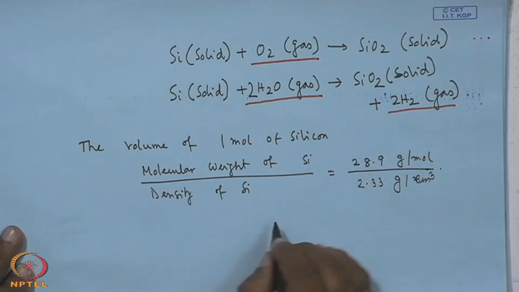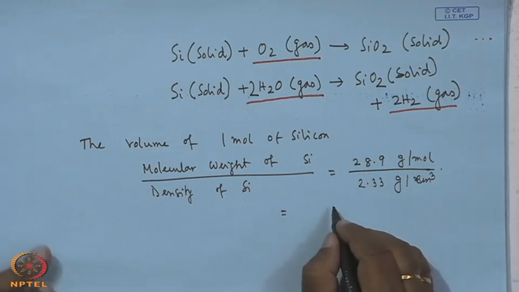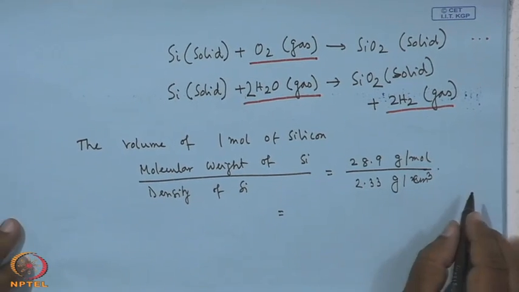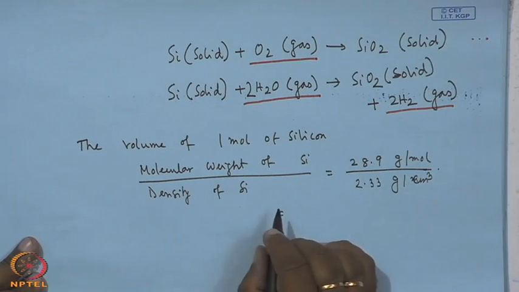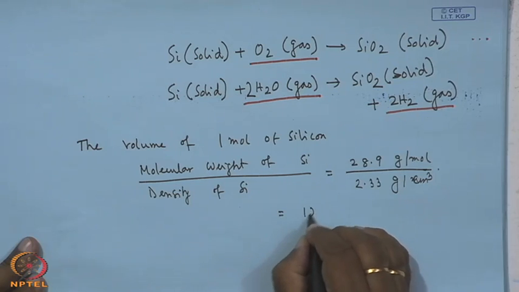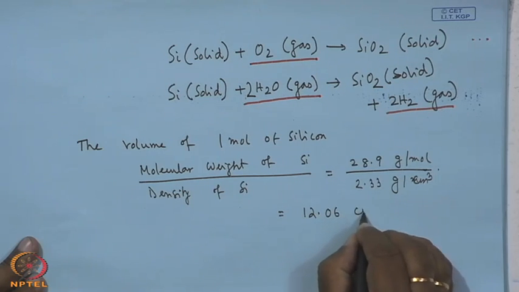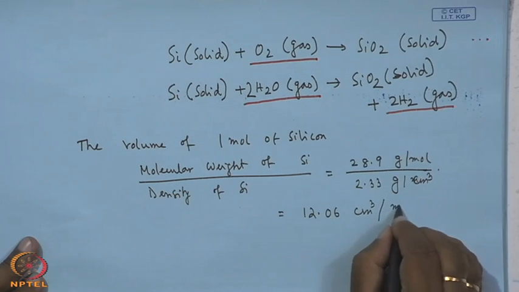Taking 28.9 by 2.33, you get 12.06 centimeter cube per mole.